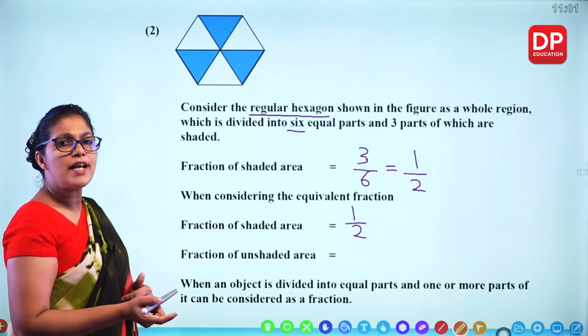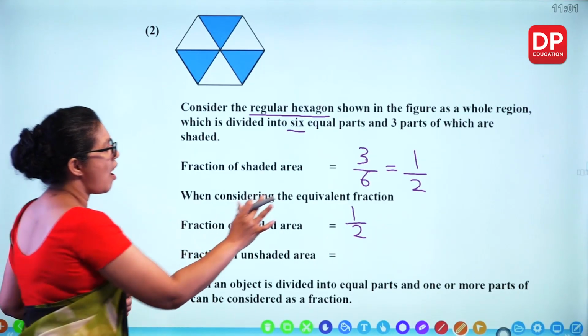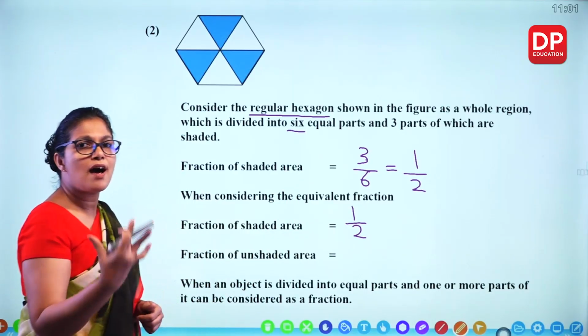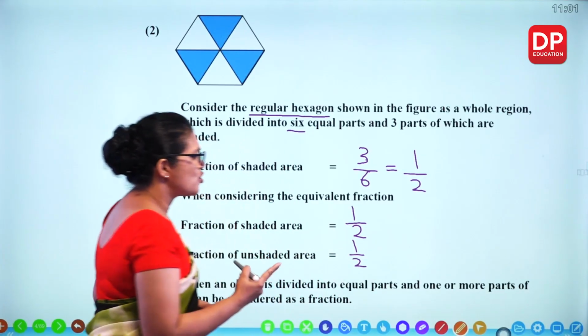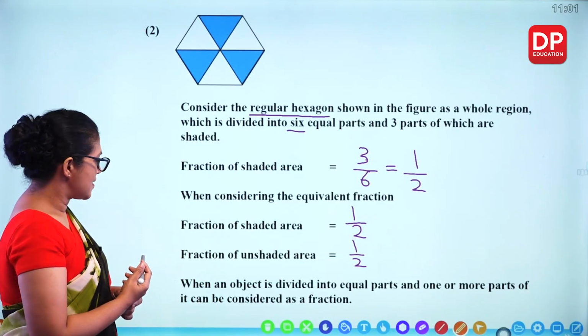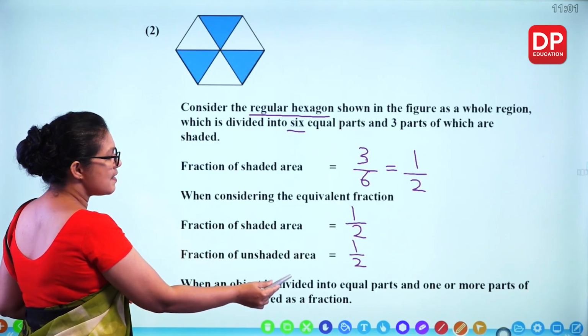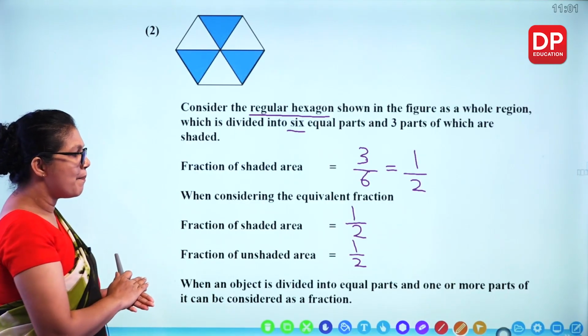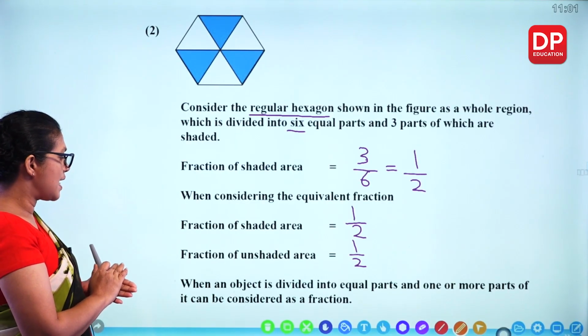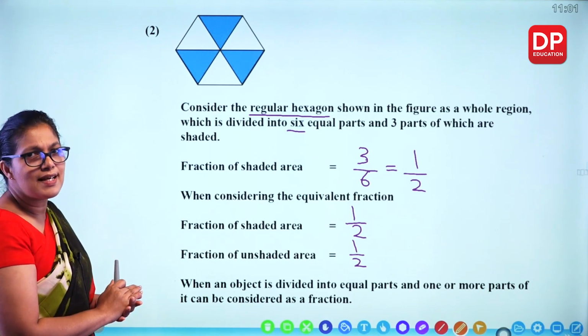Fraction of unshaded area. So half shaded means the other half is unshaded. So you can write 1 over 2 or 3 over 6. When an object is divided into equal parts, one or more parts of it can be considered as a fraction.